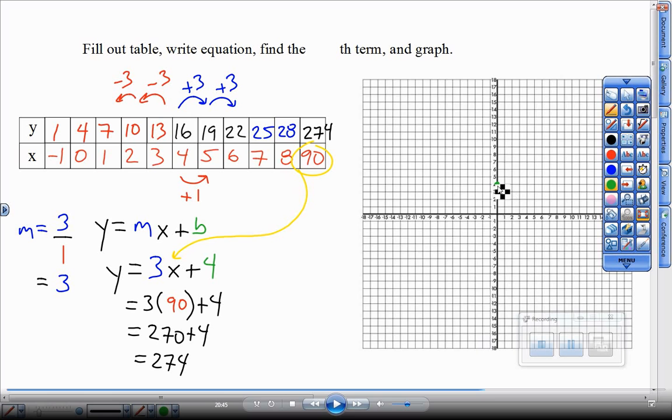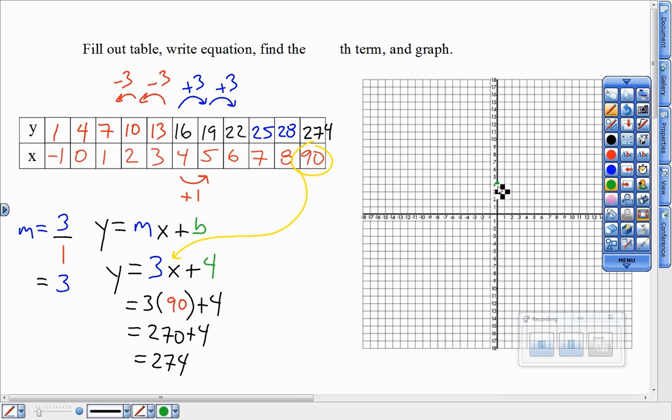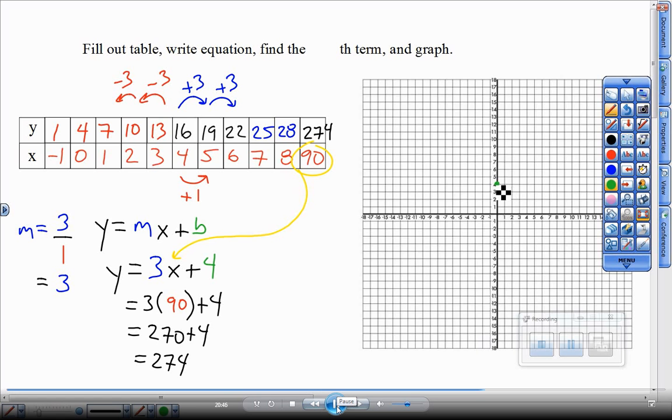That's your first point for your graph. To get the other points, I'm going to use the slope. I'm going to use the rate of change. For this, every time I'm going over 1, I'm changing up by 3 for y. So over 1, up 3. That's where my next point is going to be.